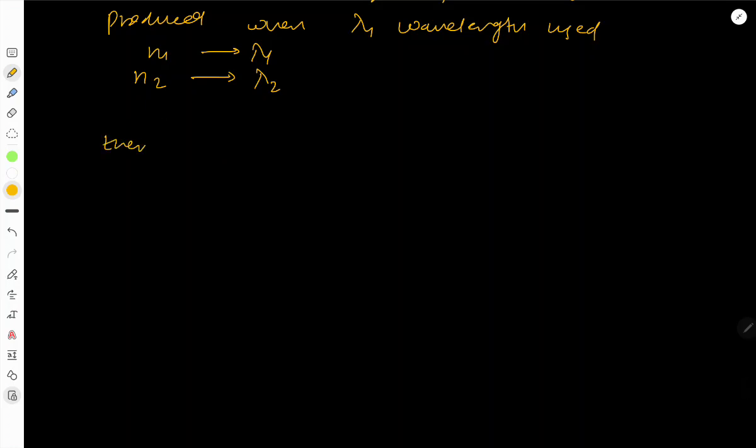Then we can write n1 beta 1 as y, the distance from C, and we can equate it to n2 beta 2.